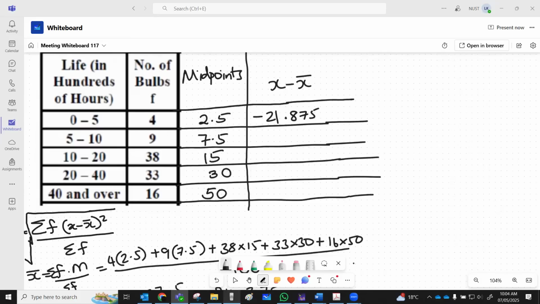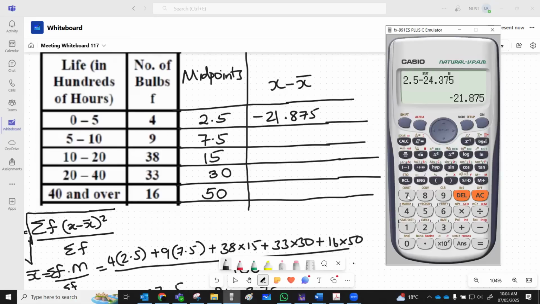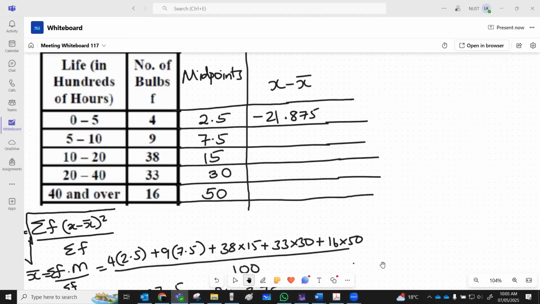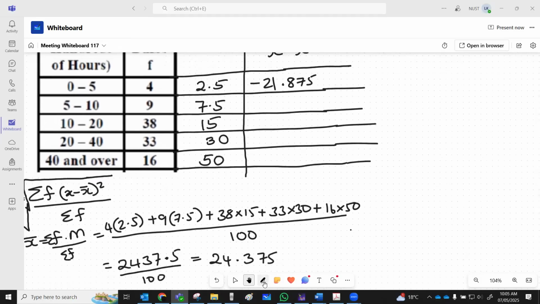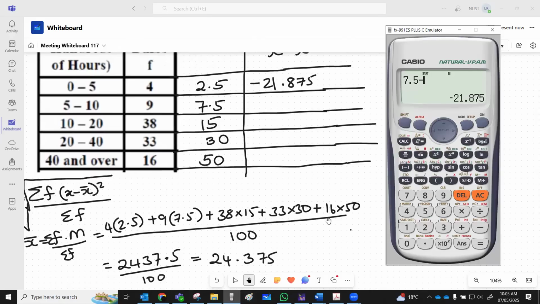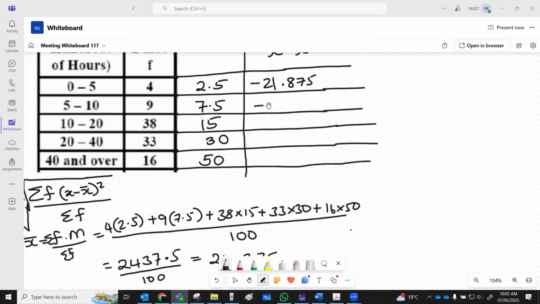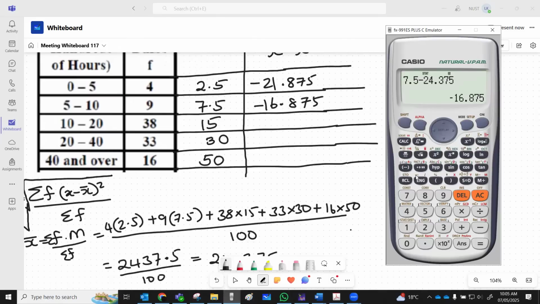Okay, then the same thing with this one here. We have 7.5 minus 24.375. This is negative 16.875. Then we have 15.